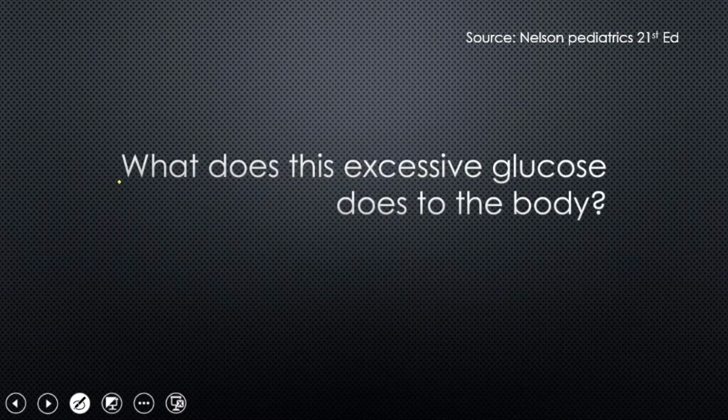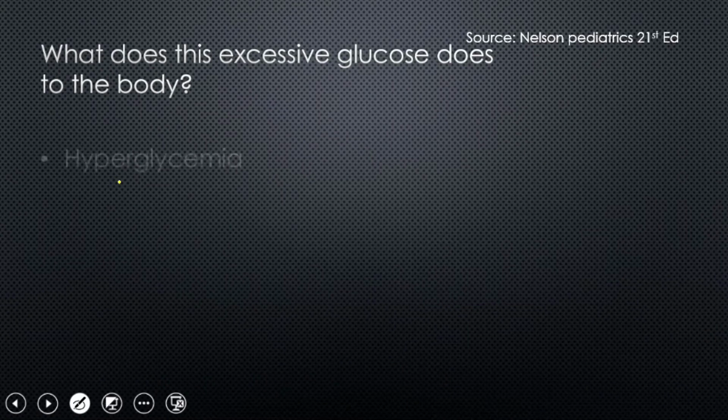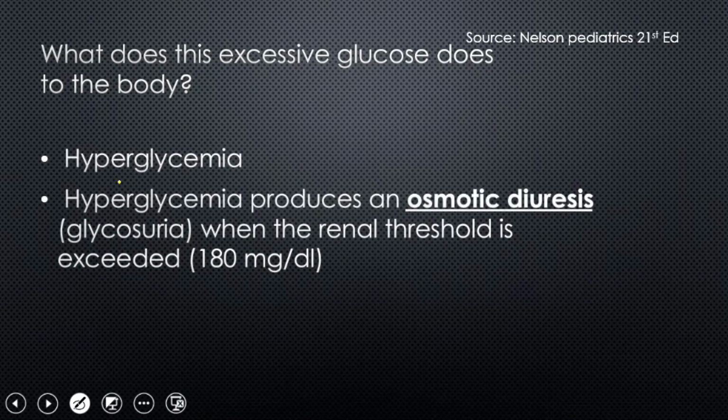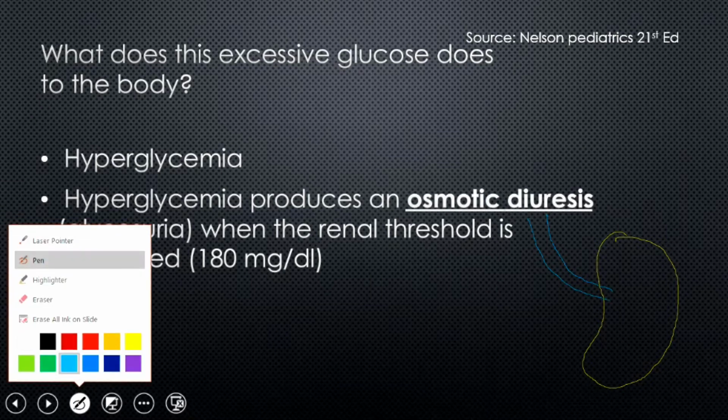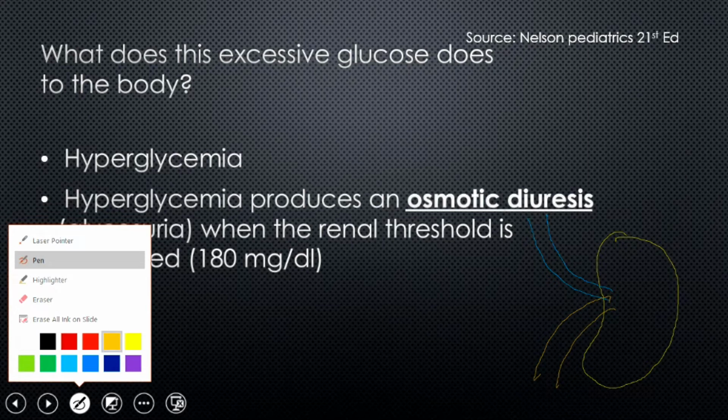What does this excessive glucose do to the body? So what is the harm? This excessive glucose causes an osmotic diuresis in the kidneys.